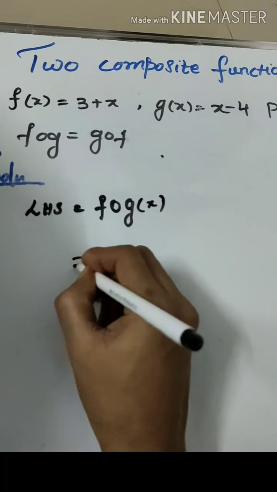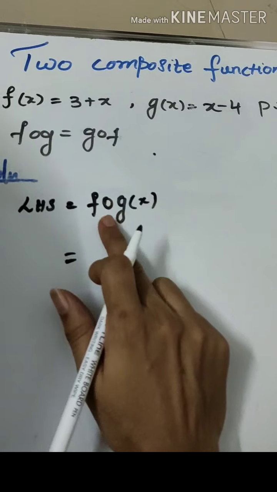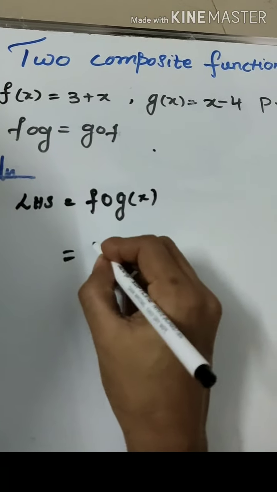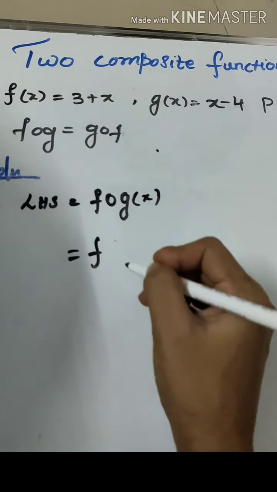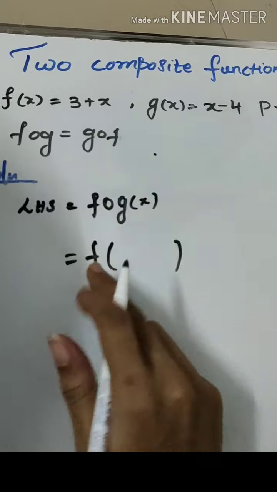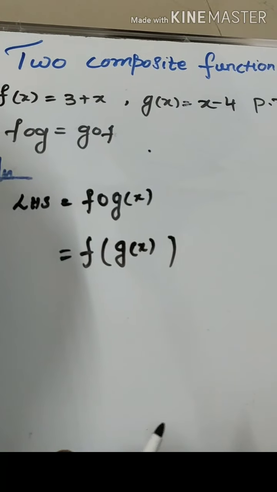The second step, we have to cancel the composite function. When we cancel this composite function, we have to give the bracket. So f of g of x.